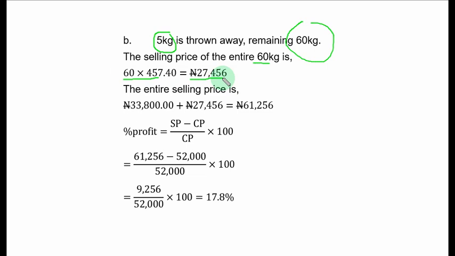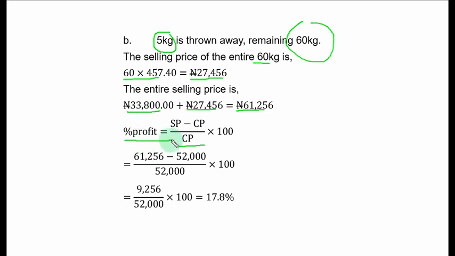Now for the entire selling price, you have the selling price for the 65 kilogram and the 60 kilogram added together. Already you know the cost for the half now. The cost is 52,000. So percentage profit is this.